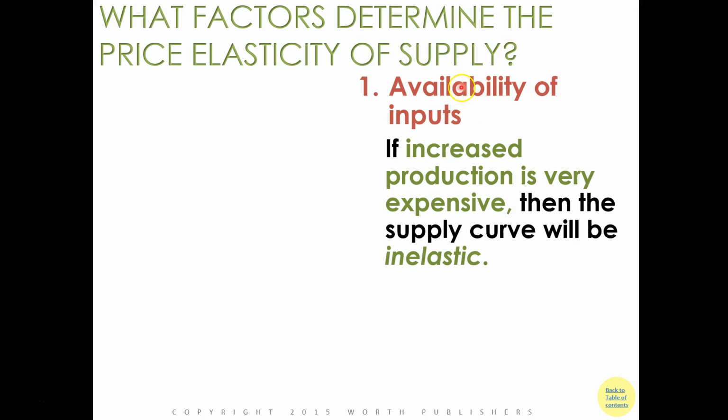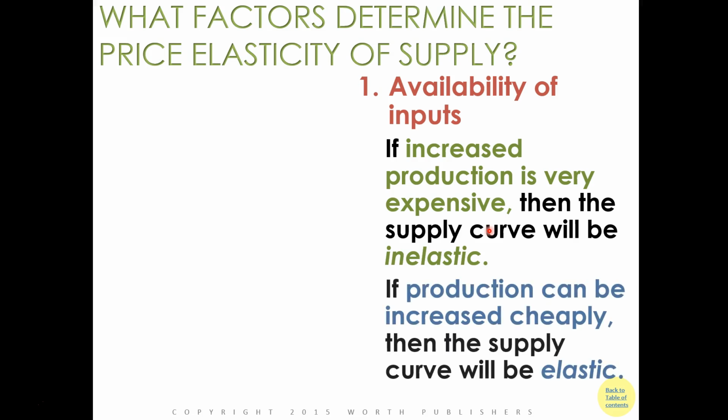So if increased production is very expensive, then the supply curve will be inelastic. If production can be increased cheaply, then the supply curve will be elastic. If I can increase my production based off of the price changes, I will definitely do that, and so my curve will be elastic.